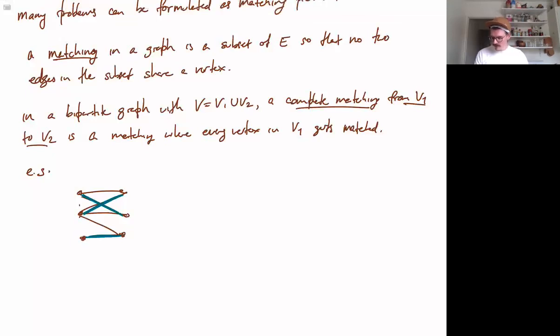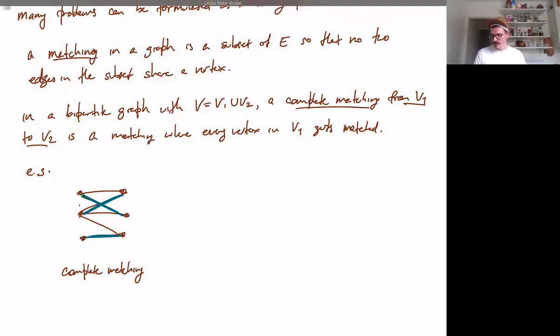So this is an example of a matching in this bipartite graph, and in fact, this is a complete matching because you can see that every vertex in V1, which I'm understanding to be the left-hand side, has been matched to a vertex in V2.